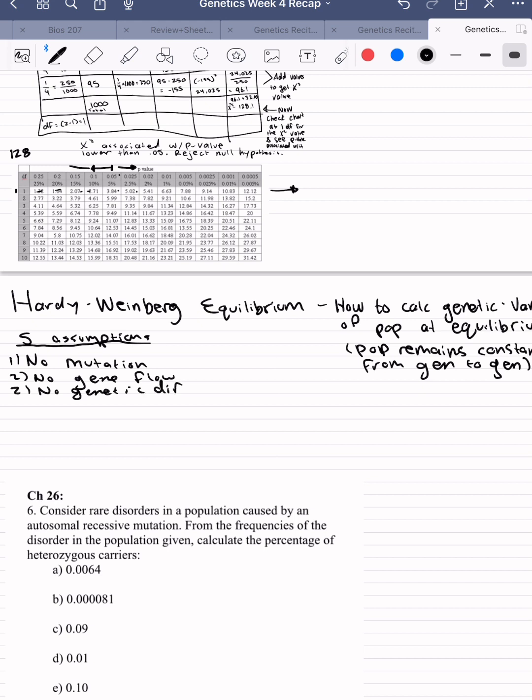And genetic drift is essentially a change in the allele frequency due to random chance, and that typically happens in small populations. So that would mean that the population is large.